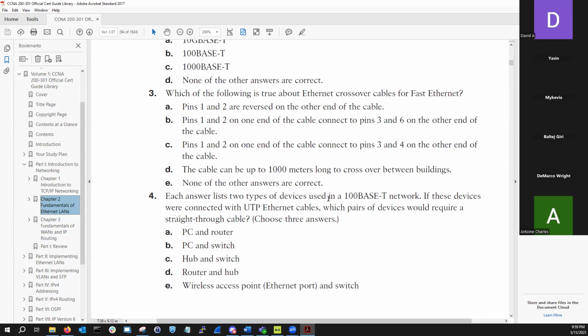So I'm gonna go PC to switch, hub to switch, and wireless access point and switch. B, D, and E. No, I mean, B: PC and switch, hub and switch, and then PC and switch, wireless access point.